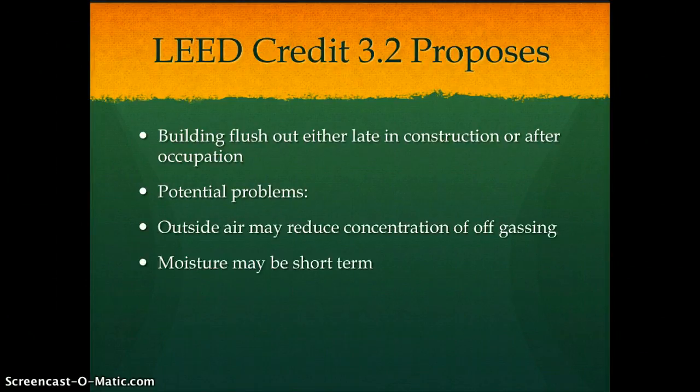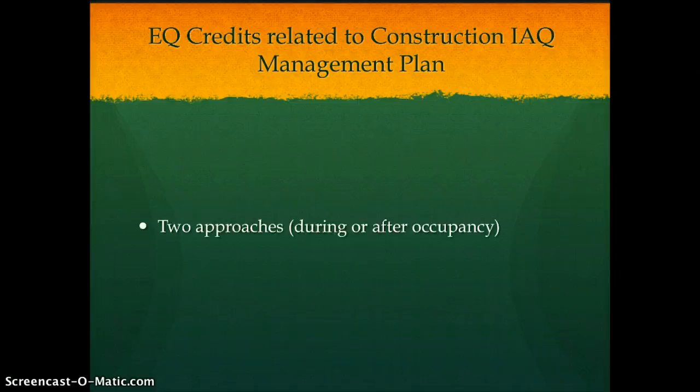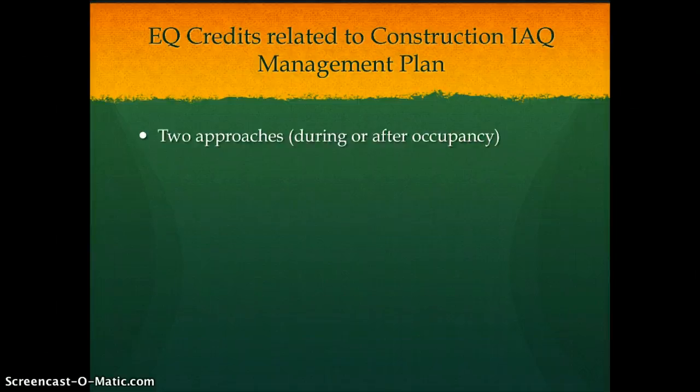The environmental quality credits related to the construction indoor air quality management plan allow for two separate approaches to building flushout: one during construction and an alternative plan after occupancy.